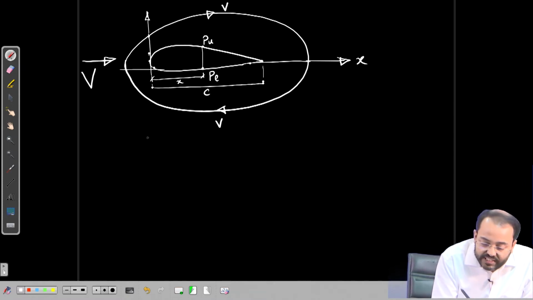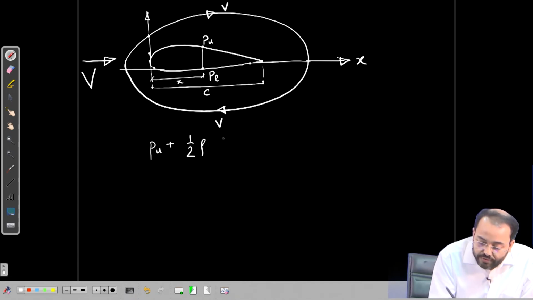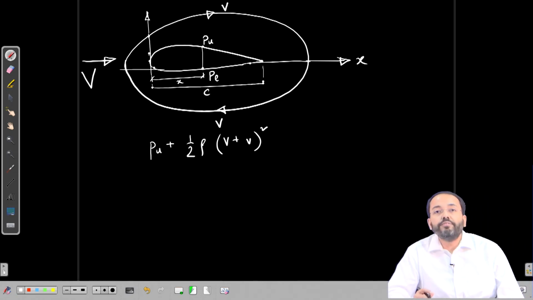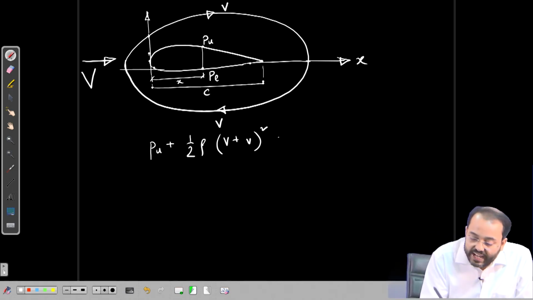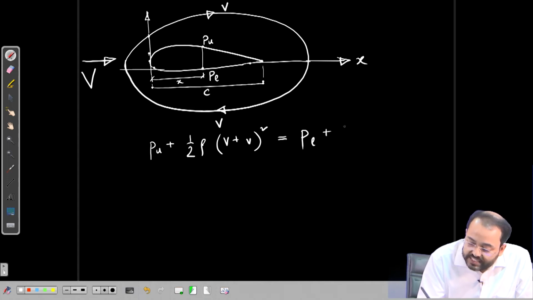In this case, using Bernoulli's equation, we can write Pu plus half rho V plus small v whole square. So, the total velocity over the upper surface will be V plus small v and the total velocity over the lower surface is V minus small v.